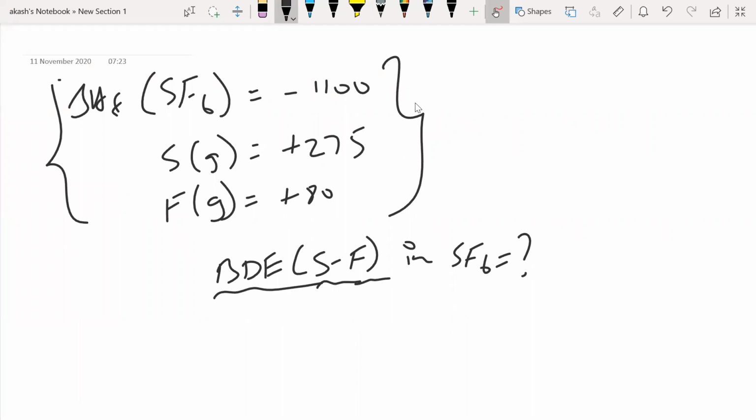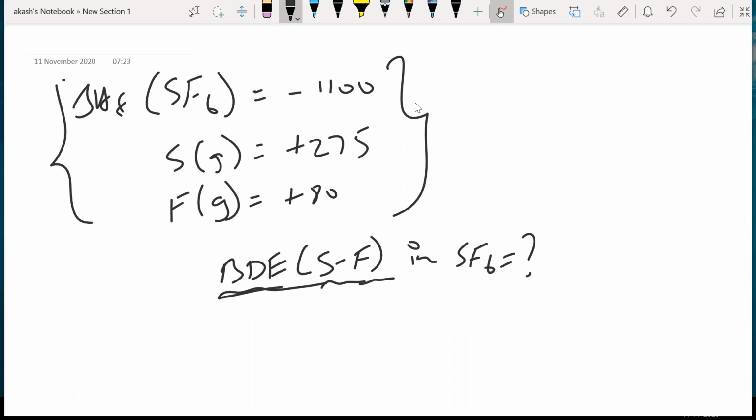You write the reaction, and that delta H is basically my bond enthalpy. You know how to connect your bond enthalpy with the bond dissociation enthalpies, isn't it? Yes, sir. And that delta H can be written in terms of enthalpies of formation, enthalpy of formation of products minus enthalpy of formation of reactants. And that's it, you will be finding the answer. Okay, sir.